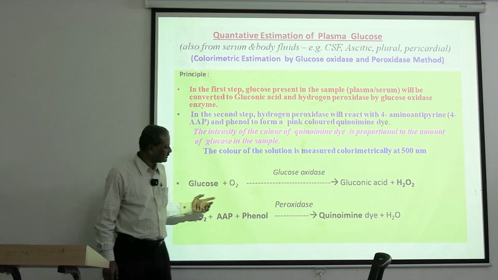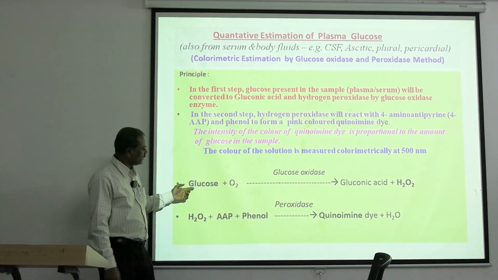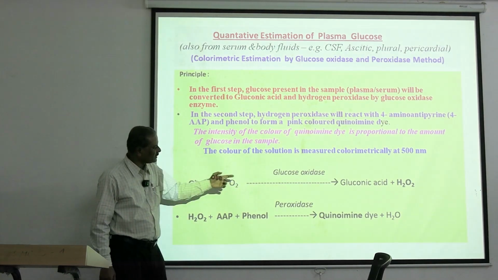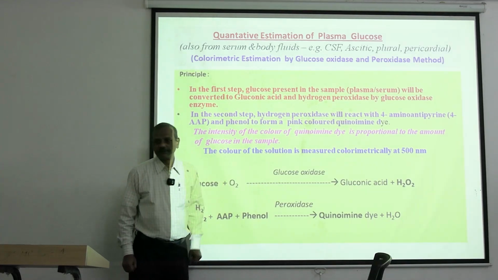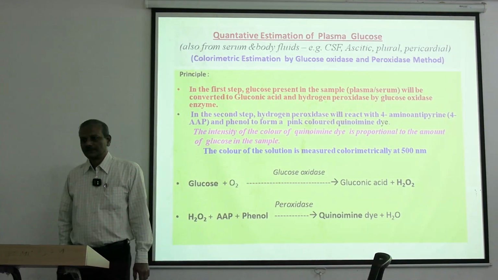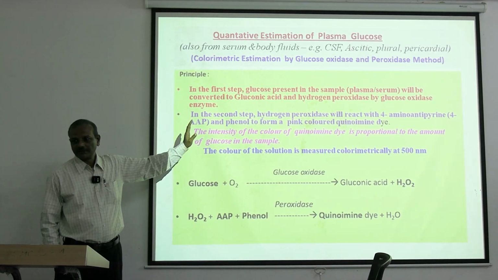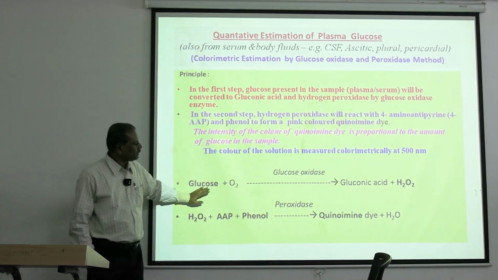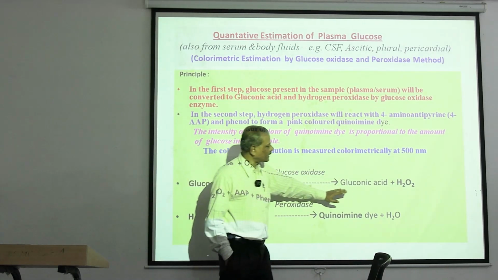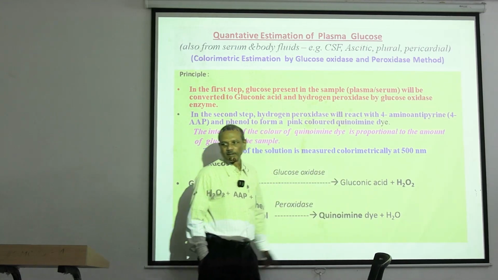So glucose oxidase is oxidizing, write down, glucose to gluconic acid. Write down the reaction first, I will explain everything. So glucose oxidase is producing gluconic acid and hydrogen peroxide.